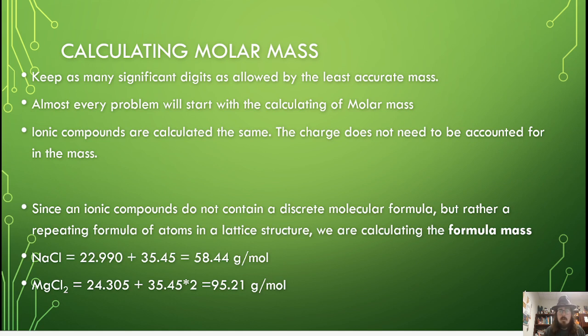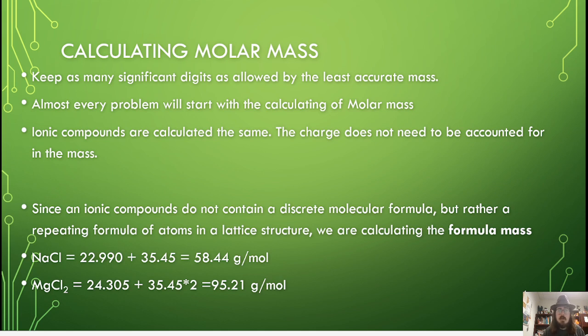We are just going to calculate each individual atom, taking into account their ratio between each other, according to the subscripts. We don't need to account for the charges. We don't need to know that sodium is +1 and chlorine is -1. Even if that did matter, the electrons are so small, we usually ignore them anyways.